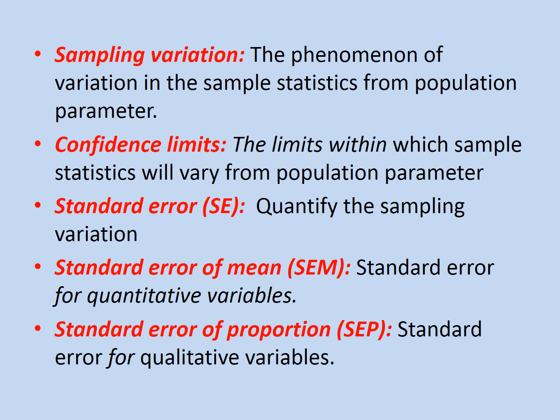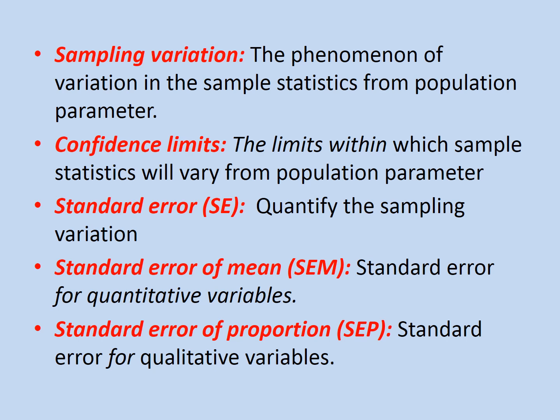And second, if your data is qualitative, meaning you measure your data on the nominal scale or ordinal scale, like gender, male or female, or religion, Hindu, Muslim, Christian. In that case the data is nominal scale.